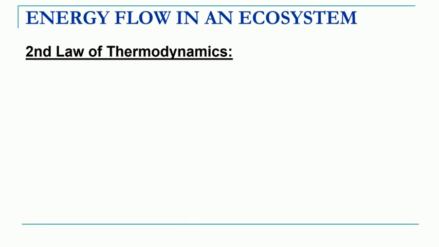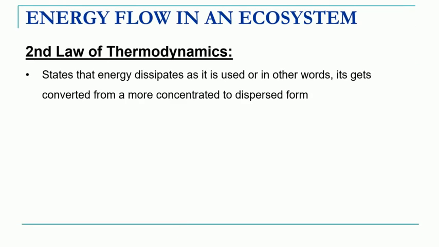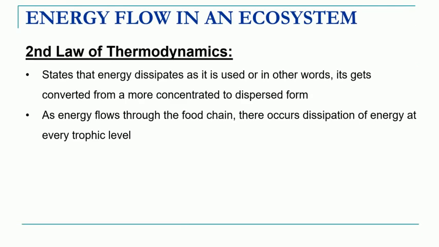Now the second law of thermodynamics states that energy dissipates as it is used, or in other words, it gets converted from a more concentrated to a dispersed form. That means as energy flows through the food chain, there occurs dissipation of energy. Most of the energy is lost at each trophic level. We have studied the pyramid of energy, where we have seen 90% of energy is lost and only 10% of energy is transferred to the next trophic level.